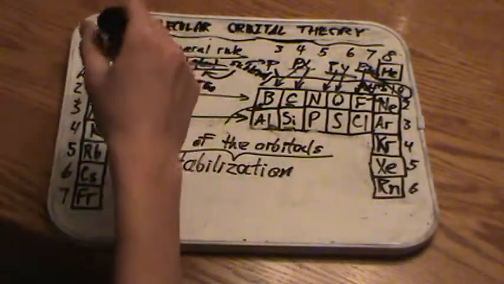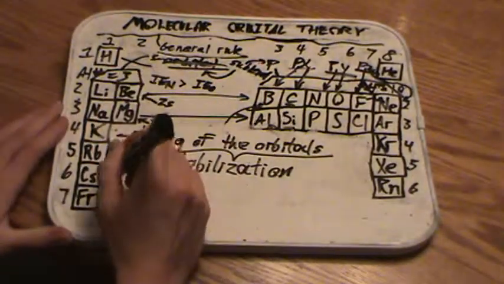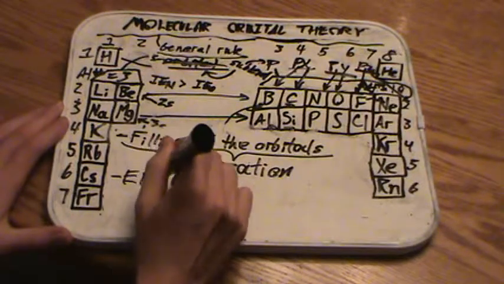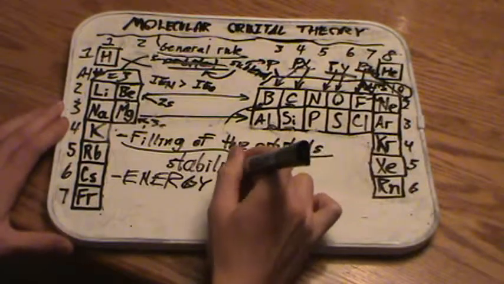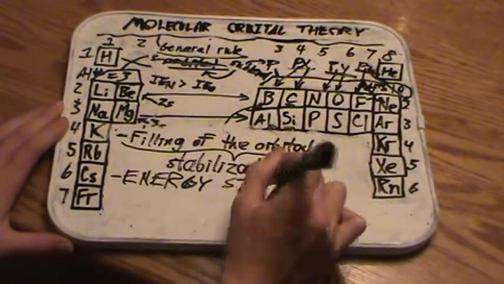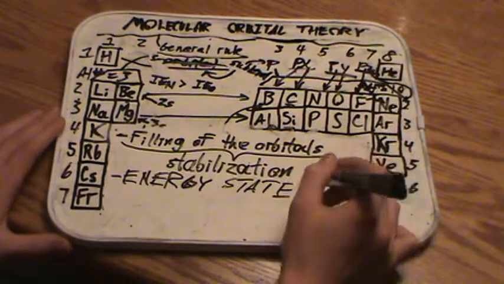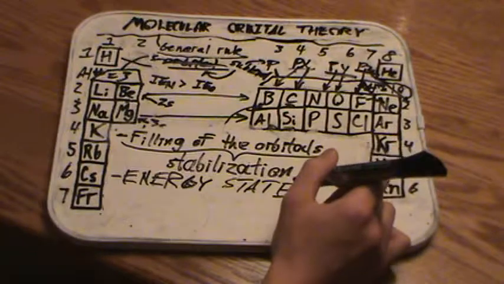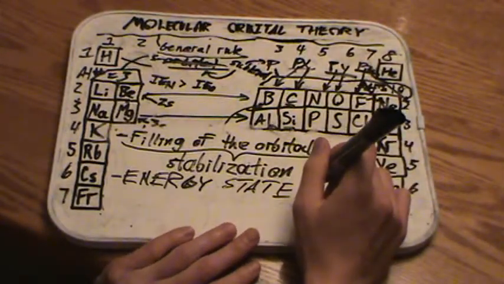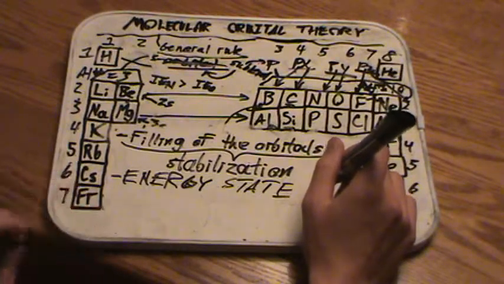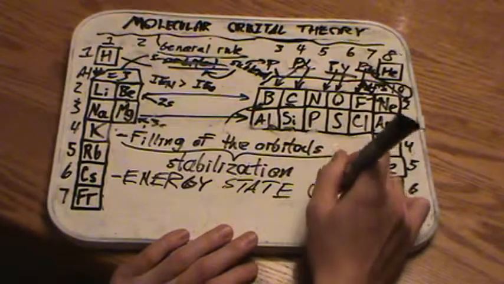One of the quickest determiners of the energy state of an orbital is the energy level itself, though it is not the only determiner, because as we will see, there are some orbitals in lower energy levels that are of higher energy than orbitals in higher energy levels. This seems kind of counterintuitive, but this is why we are discussing orbitals, because it is so important.